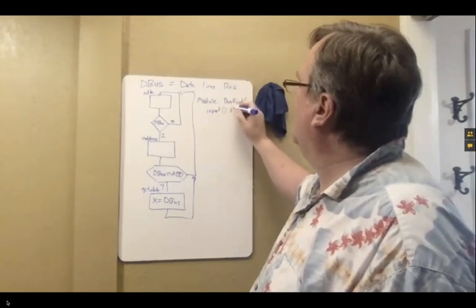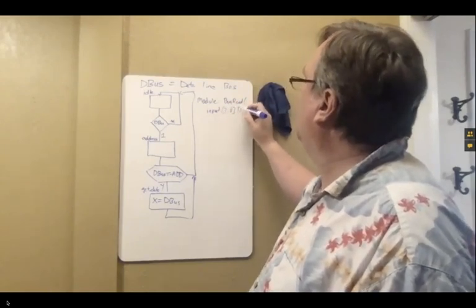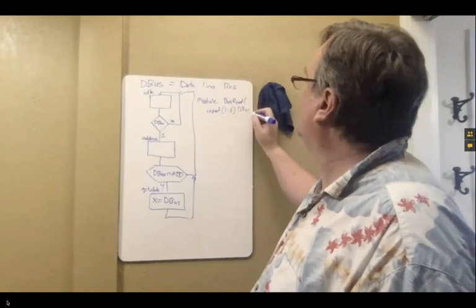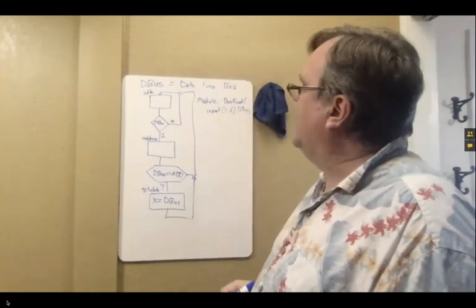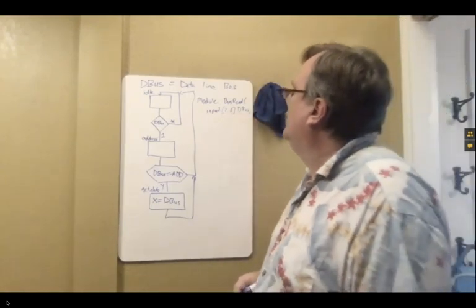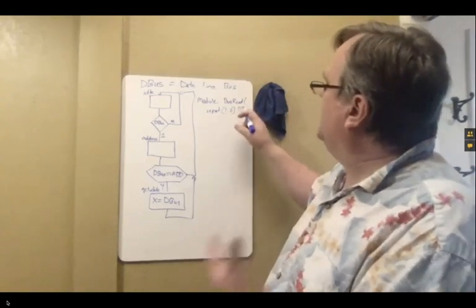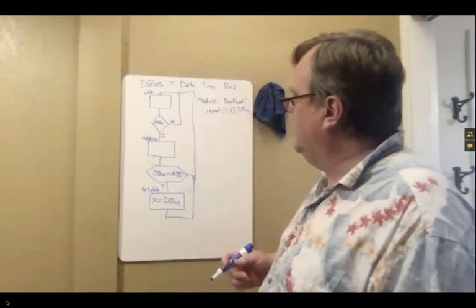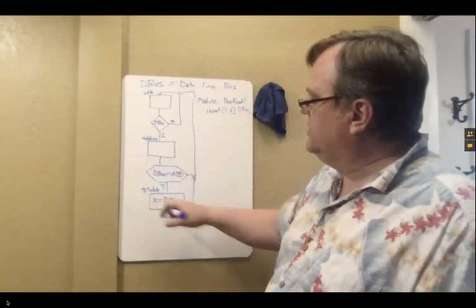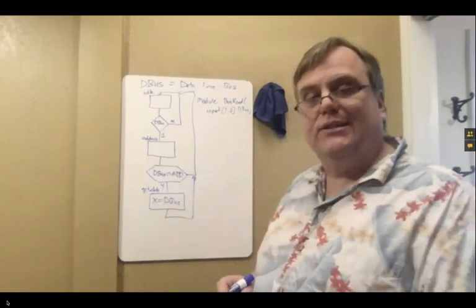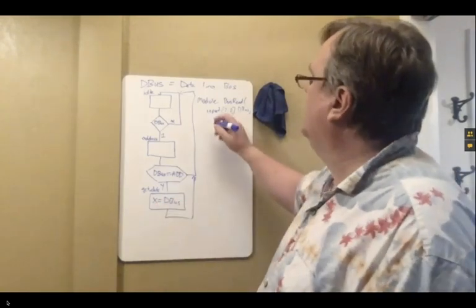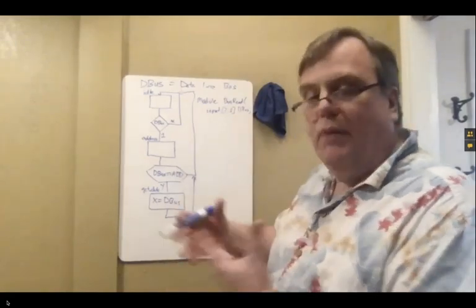That means 7 down to 0 of D bus. So I've got basically 8 bits on this data bus that I can read in, and my output is going to be X. X is the data that I'm sending to the rest of my local device.